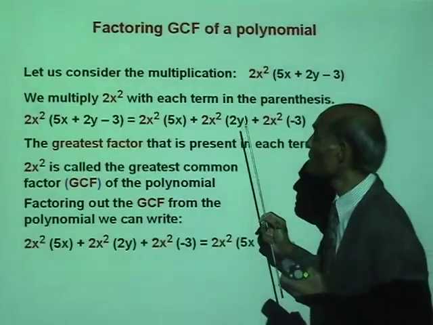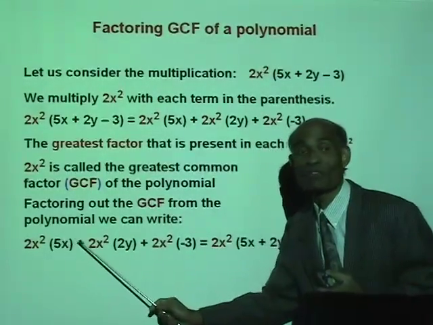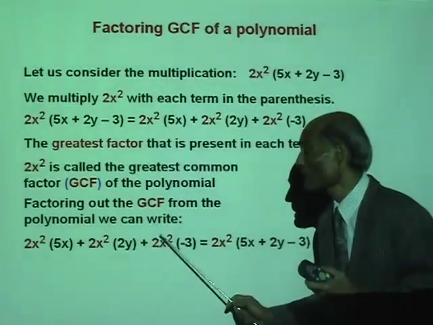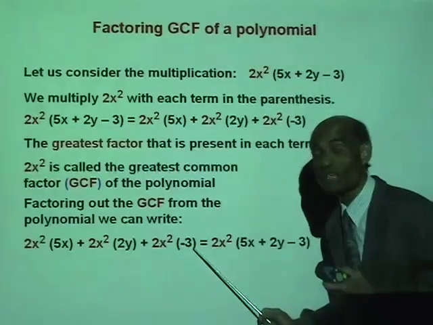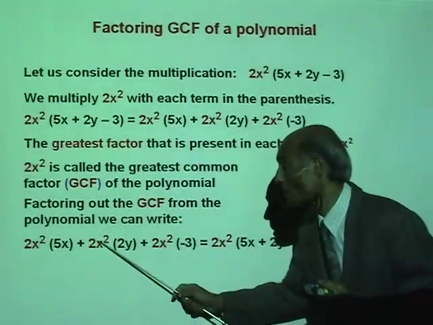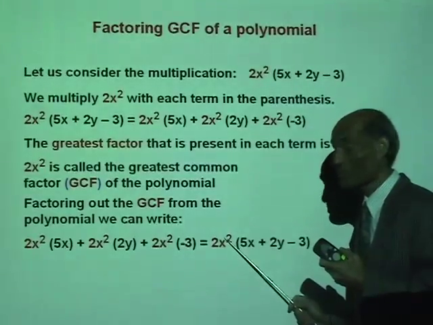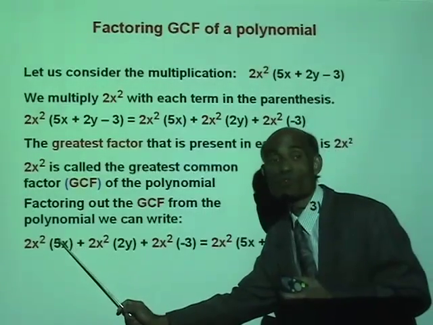So look at the way we're going to factor it out. 2x squared times 5x plus 2x squared times 2y plus 2x squared times negative 3 is now written as 2x squared is factored out. So that sits outside the parenthesis, and inside the parenthesis you have the remaining terms.